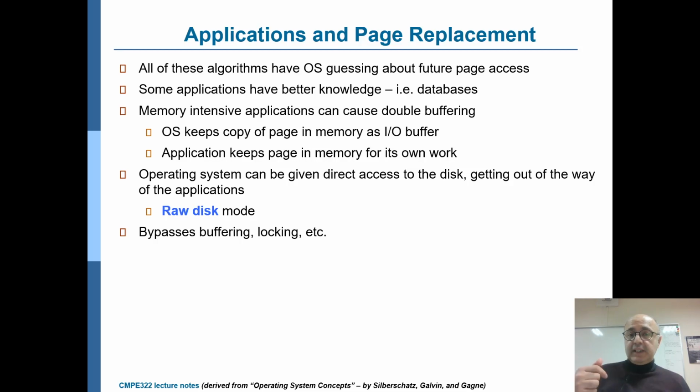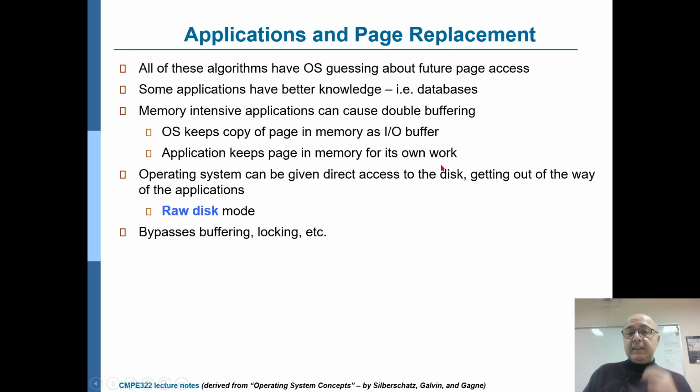Note that the probability of this happening is not, of course, very high, but this requires two copy operations: from the disk to the OS buffer, and from the OS buffer to the user buffer. So this is what's called double buffering, and you keep two copies of the same thing, one in the kernel space and one in the user space.